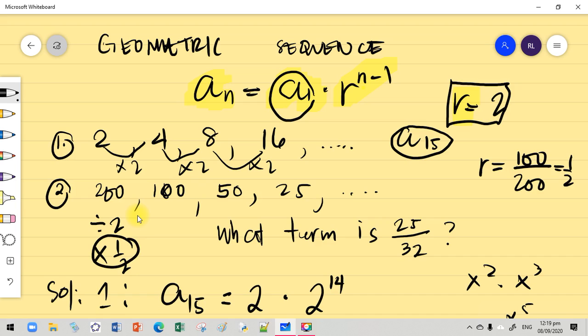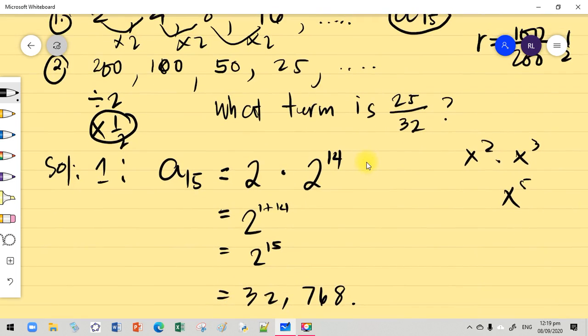So r is the number being multiplied by a present term to get the next term. If you consider 50 as the present term, that's 50 divided by the previous term, which is 100. That's still the same 1/2.